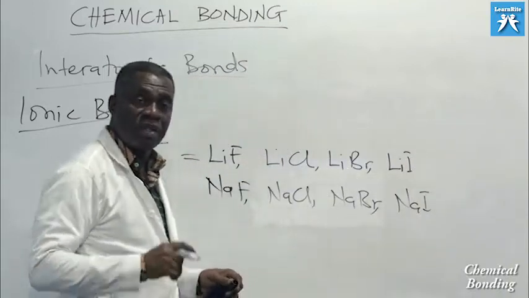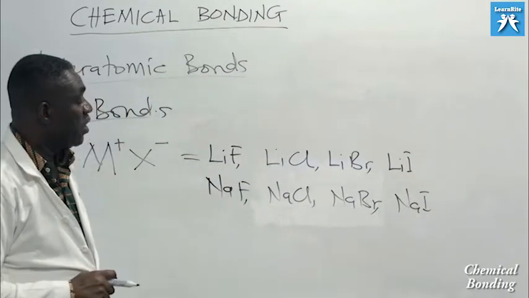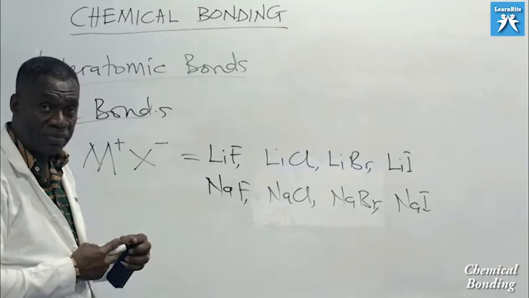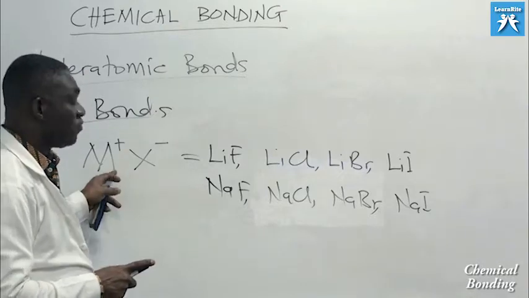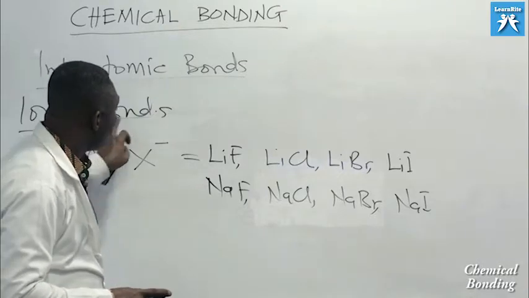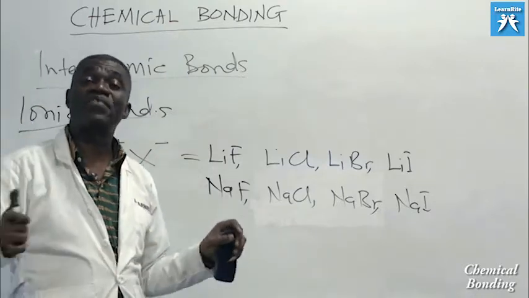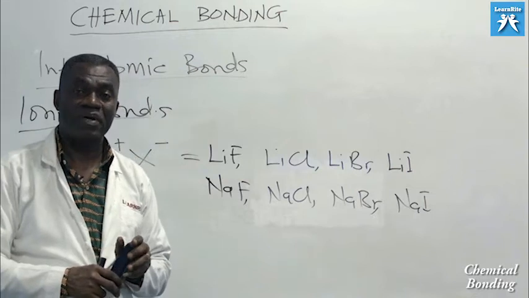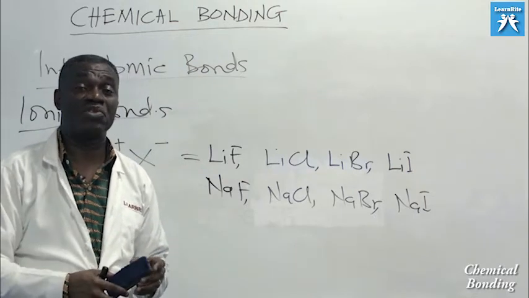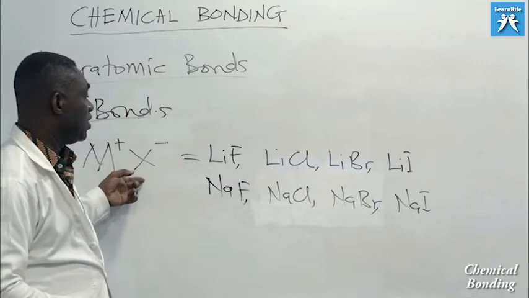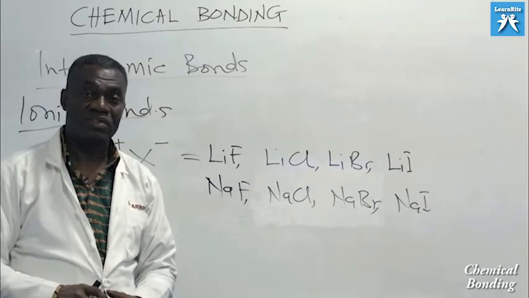They are all examples of ionic compounds coming from this formula. So that is one formula for writing several examples of ionic compounds. So even if we are asked the question, write 10 examples of ionic compounds, just remember this, and out of this derive your various examples.